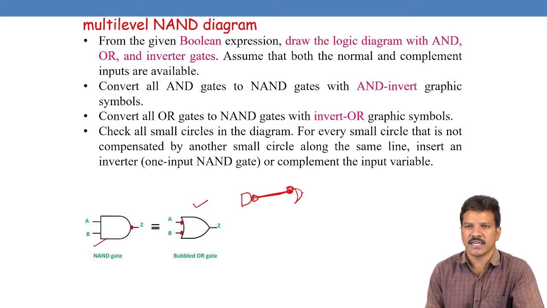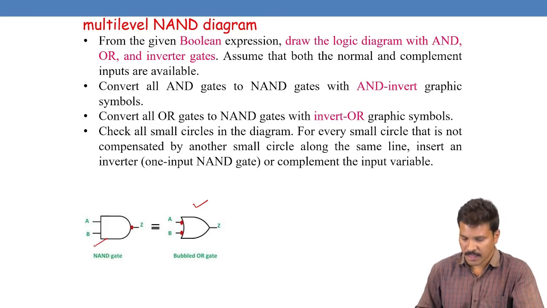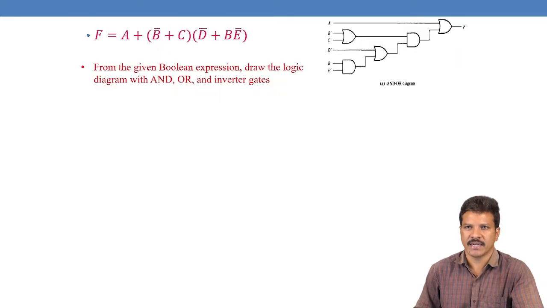Other than this case, at a primary input we can provide a complemented input, or at a primary output we can provide another one-input NAND gate as an inverter. Let us see one by one. By following these steps, we can convert a Boolean function into diagrammatic AOI form and then into a multi-level NAND gate.